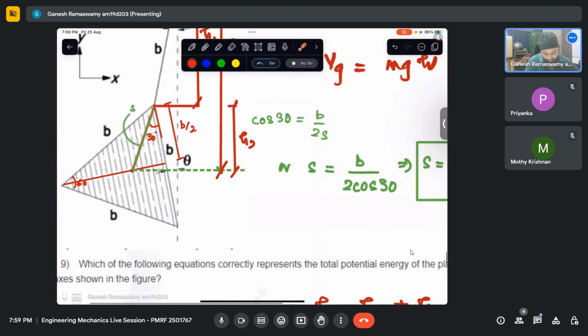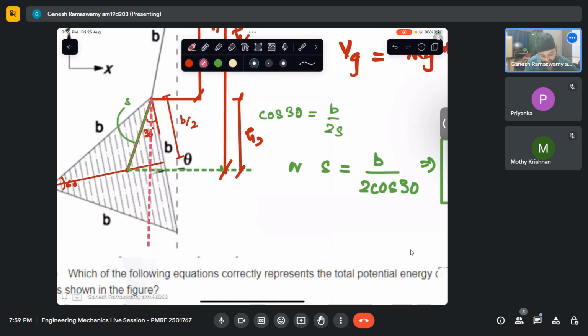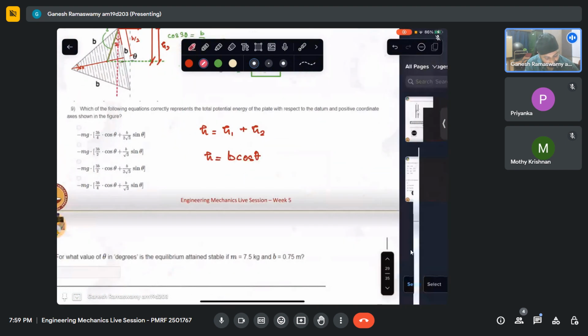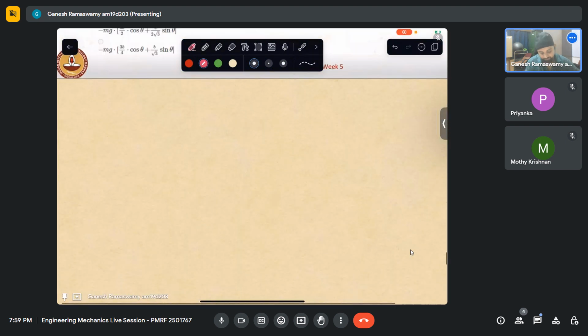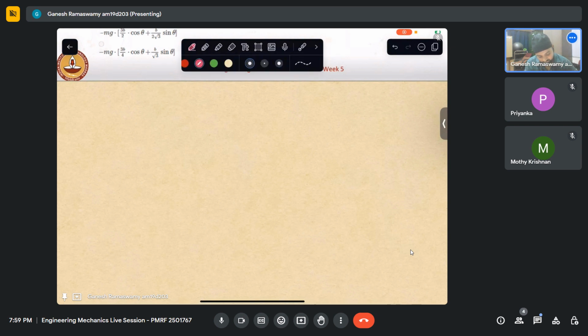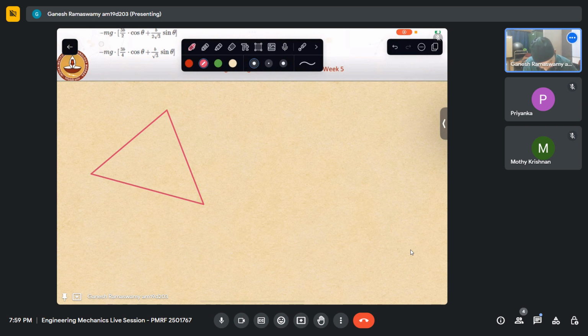For that, what I have to do is, let me take a new sheet and draw it. Just a moment. So I have the triangle like that. And then this distance I know, this is s.